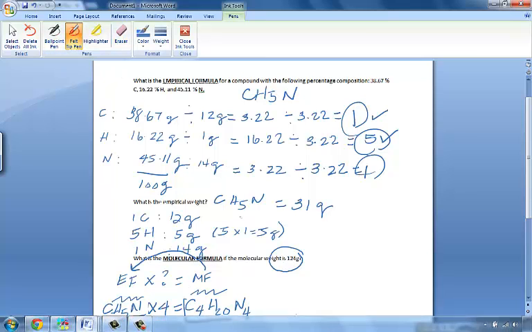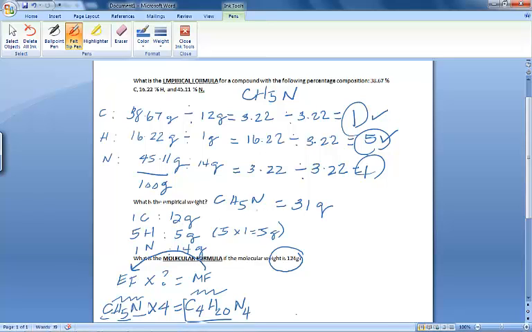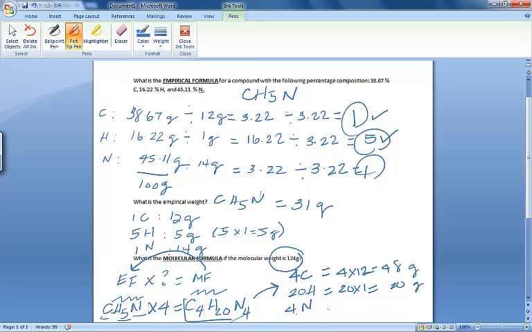So if I take 4 carbons, 20 hydrogens and 4 nitrogens, 4 times 12 would give me 48. 20 times 1, where 12 is the atomic mass of carbon and 1 is the atomic mass of hydrogen, that's 20 grams. And I have 4 nitrogens, the atomic mass again on the periodic table is 14.